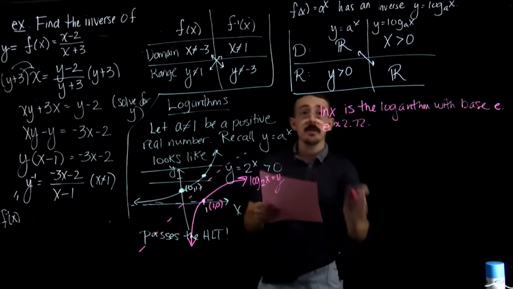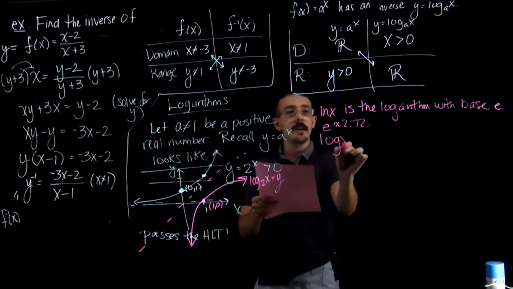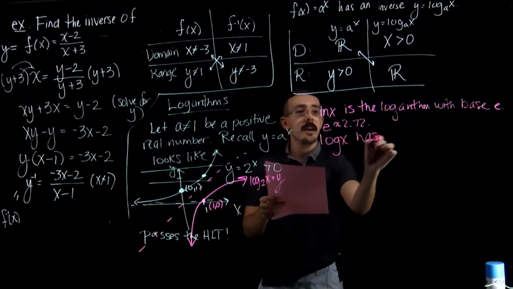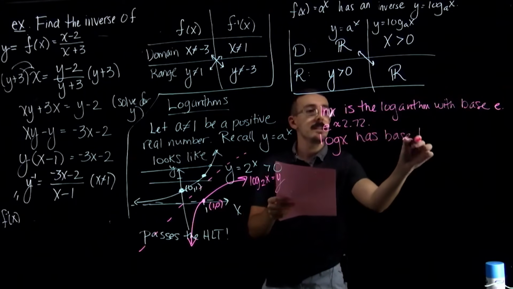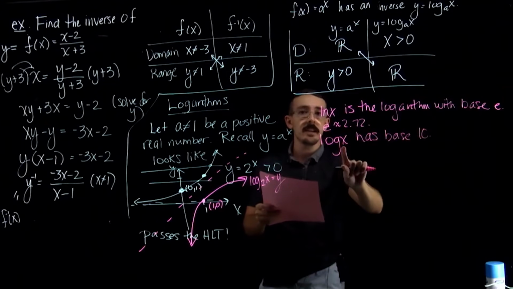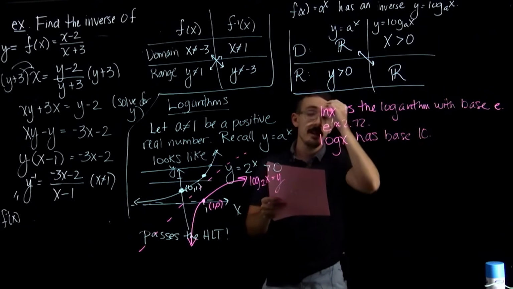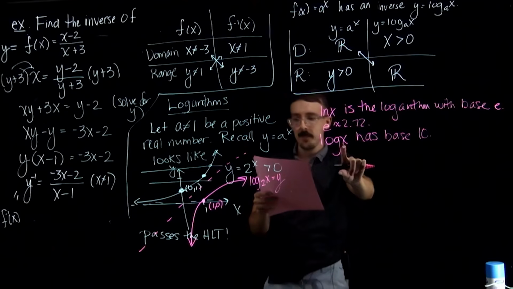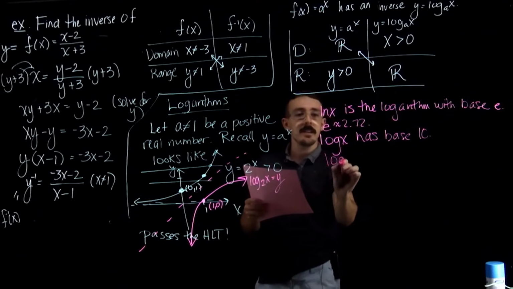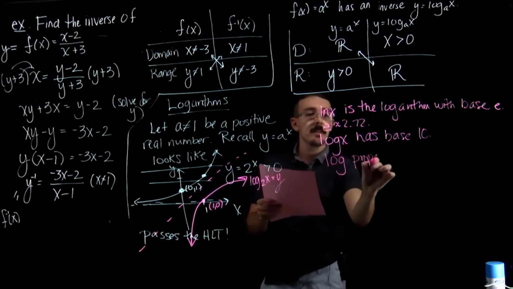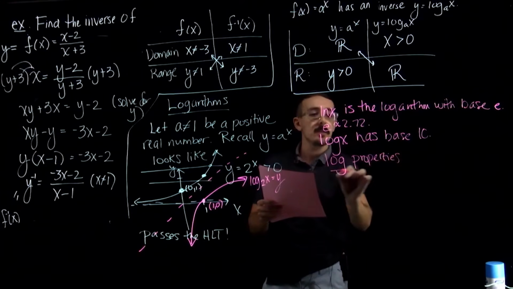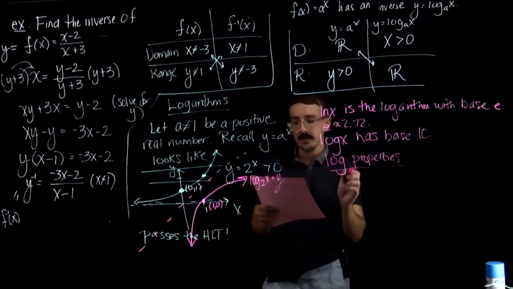The other special one you should be aware of is that log x has base 10. And again, it's not written here, but you would understand that it comes from the exponential 10 to the x. But there is an implied 10 right here. All right, and these are the log properties that I would encourage you to memorize. There are 3 important ones.